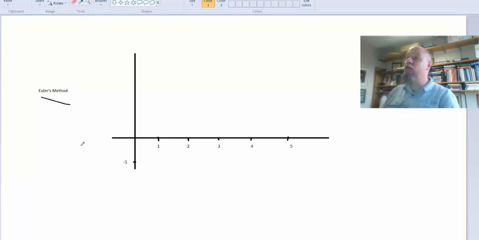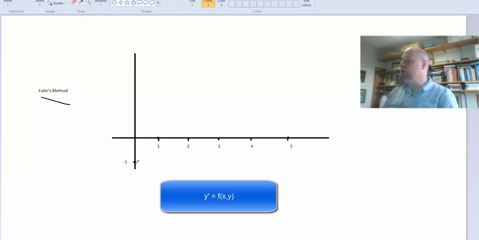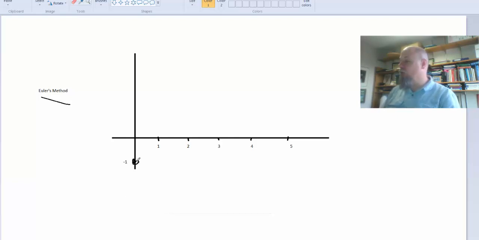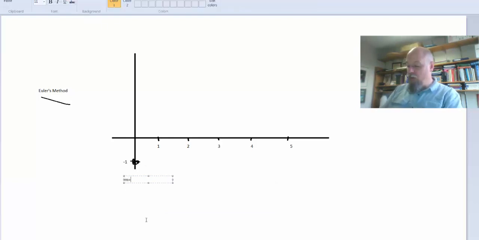So let's say we have a first order differential equation, and I know that the solution to that differential equation goes through the point (0, -1). So I know the curve goes through that point. And I know at that point the tangent slope of the curve is 2.